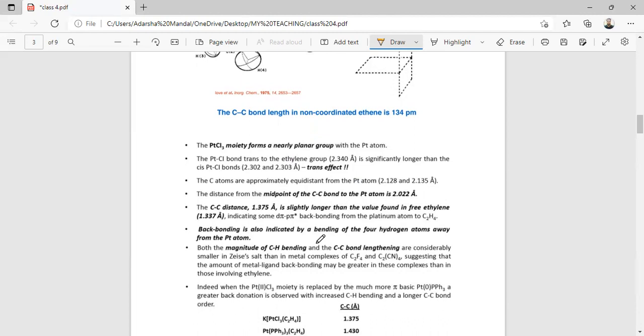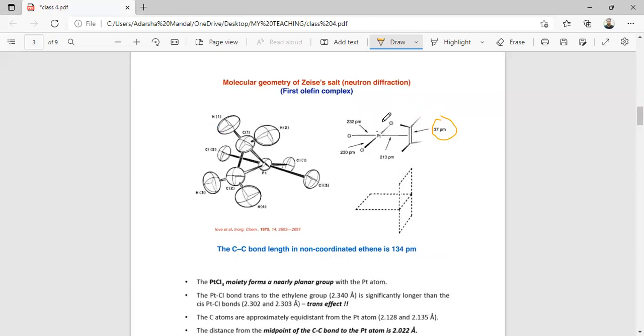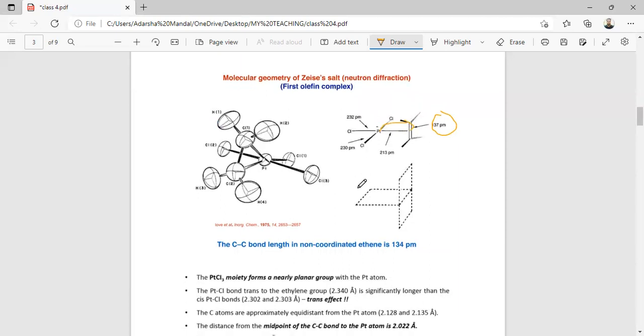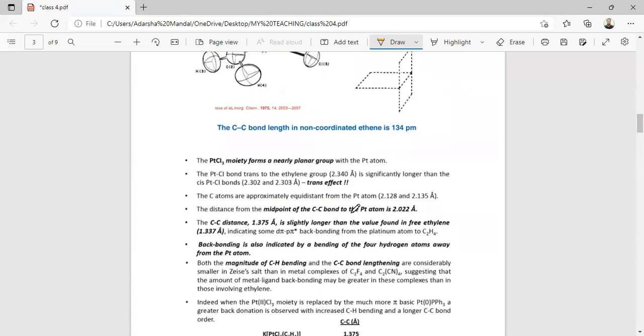So this indicates some d pi to p pi star back bonding from the platinum atom to the ethylene molecule. That means upon back bonding from platinum to ethylene, it decreases the bond order of the CC bond, so that's why the CC bond length is increased, and back bonding is also indicated by bending of the four hydrogen atoms away from the platinum atom.